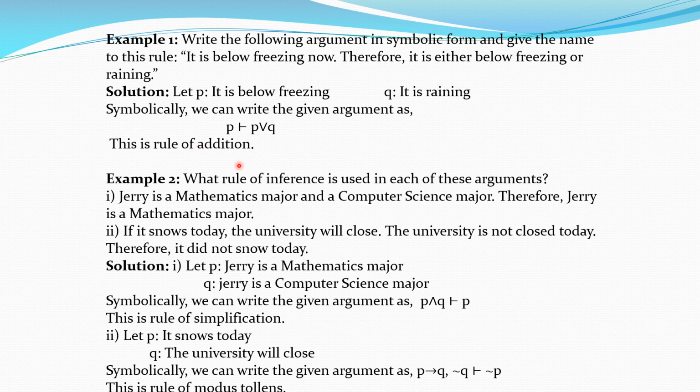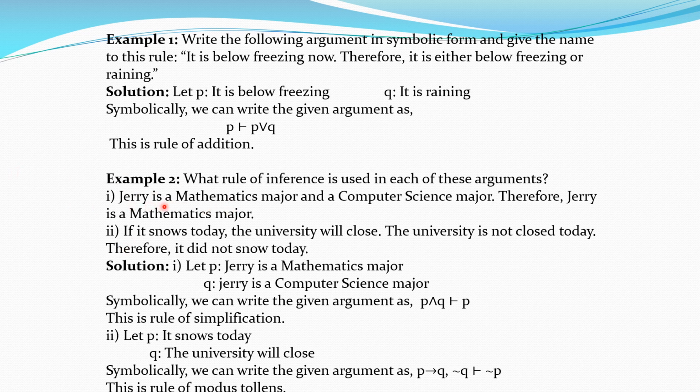Now see second one. What rule of inference is used in each of these arguments? Jerry is a mathematics major and a computer science major. Therefore, Jerry is a mathematics major. Again, first we write the argument in symbolic form. There are two statements, so we need two variables.